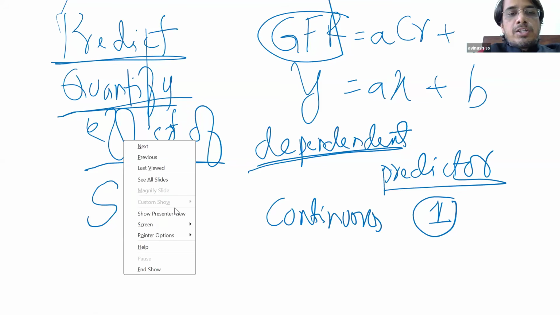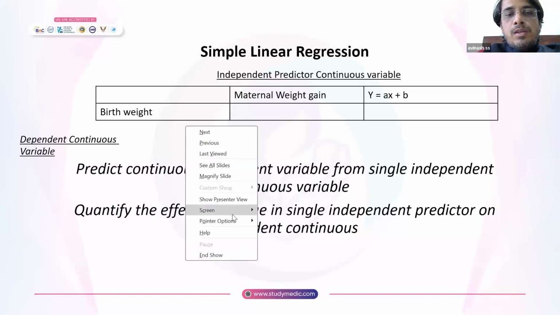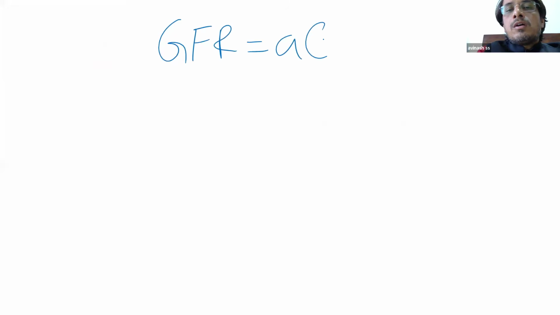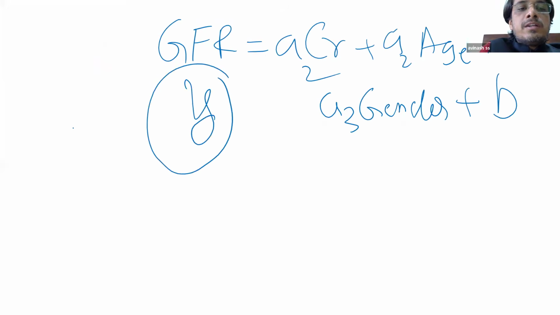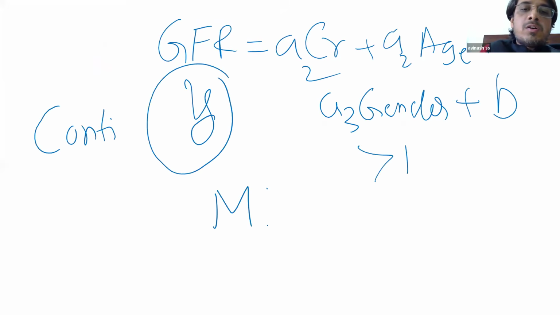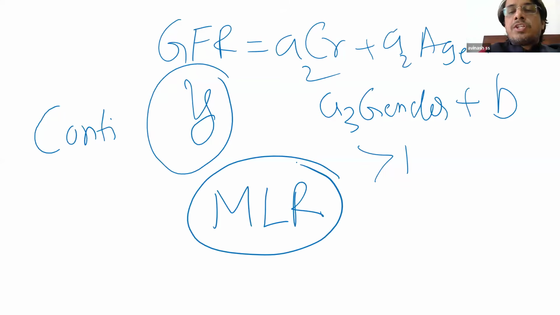Instead, if there are more independent variables, let us say you would like to predict GFR or find out the effect of creatinine as well as age as well as gender on GFR, the dependent variable is continuous and there is more than one independent variable. Then we use multiple linear regression.